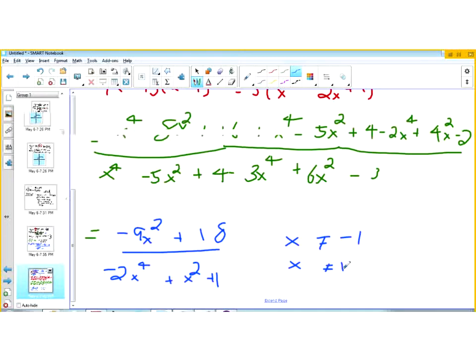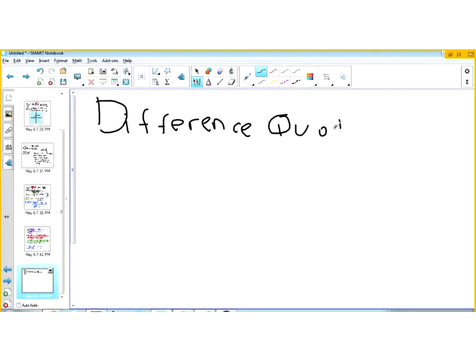Another topic that we may deal with during this term would be the difference quotient of functions. So the difference quotient, something that you probably had in algebra. And if you go on to calculus, this is something that you'll probably use in every class of your calculus class.